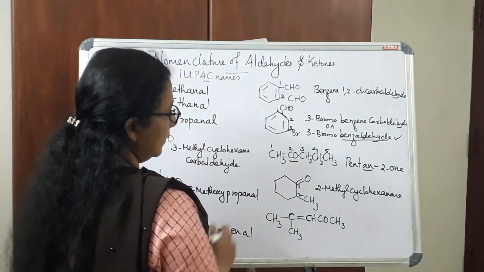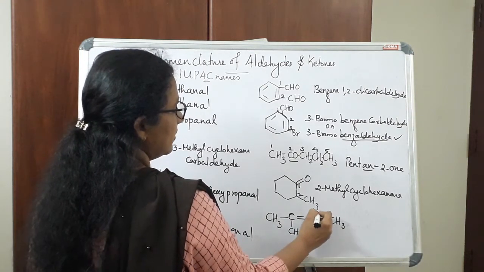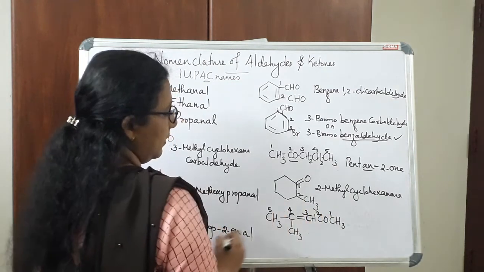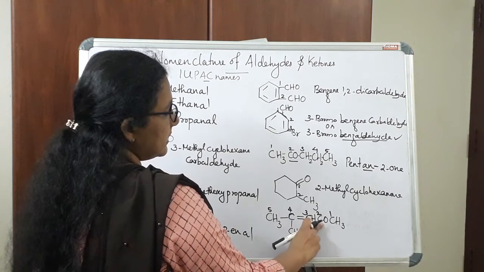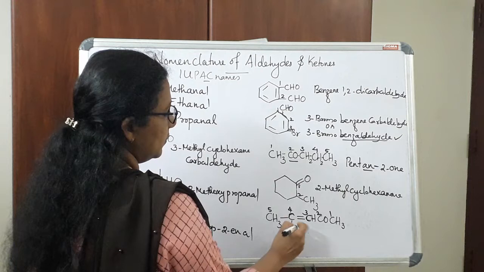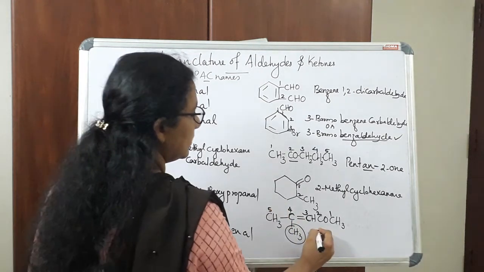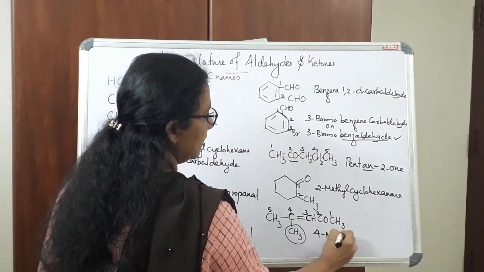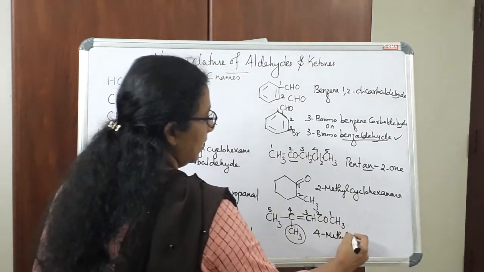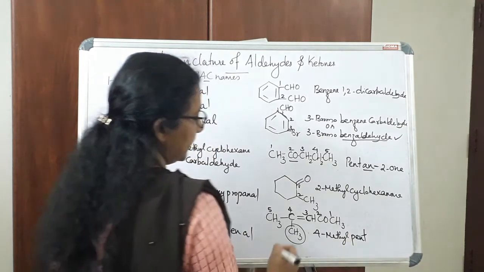Then the next compound is again a ketone. So we need to number this compound, 1, 2, 3, 4 and 5. In order to get the least number to this C, we will number like this. And here there is a substituent, a methyl group, in the fourth position. So 4-methyl should be written first. Then the parent is a carbon chain with 5 carbon atoms, so it will be pent.